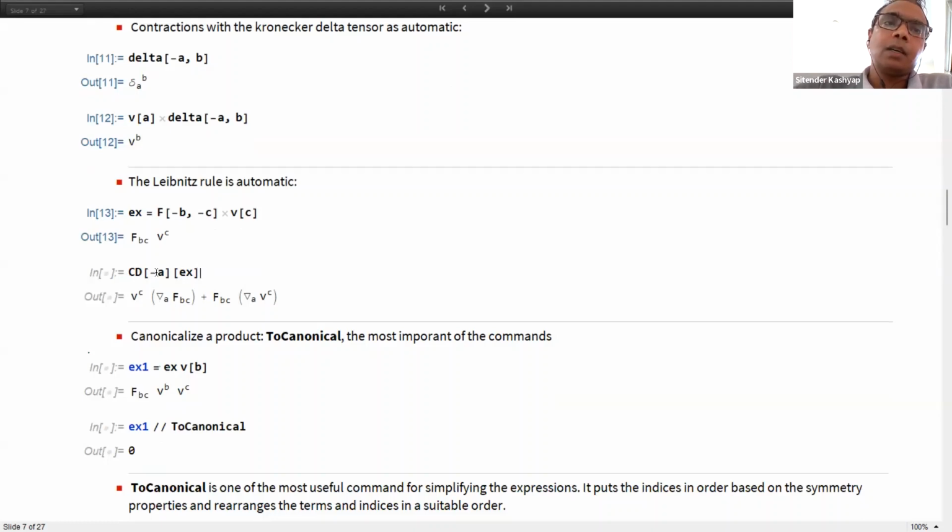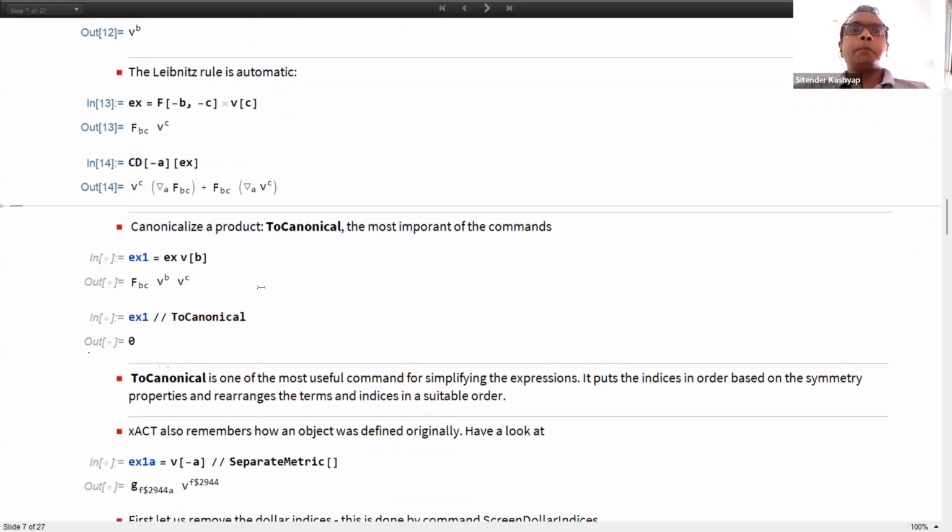This means covariant derivative along A direction, and then in this square bracket we put the expression of which we want the covariant derivative. So you see what has happened: the covariant derivative is acting on the product of these two, and the Leibniz rule tells us that the covariant derivative has to act on F first, and then on the second term, on V. So here are these two terms. It is acting on F, and the covariant derivative is acting on V.